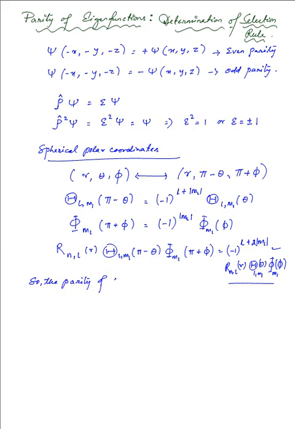The parity is even if the orbital angular momentum quantum number L is even, and odd if L is odd. This is true for all eigenfunctions of any spherically symmetric potential energy U(r).